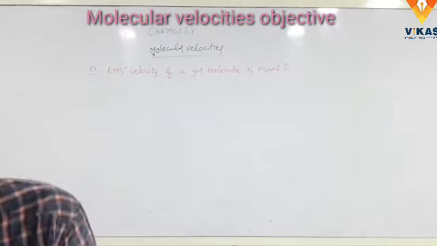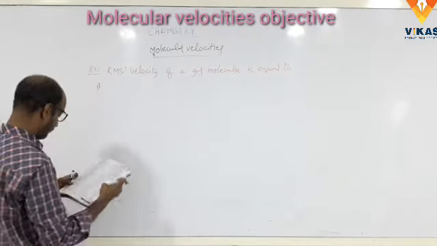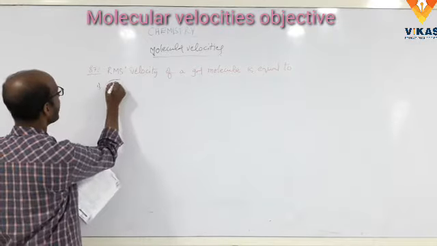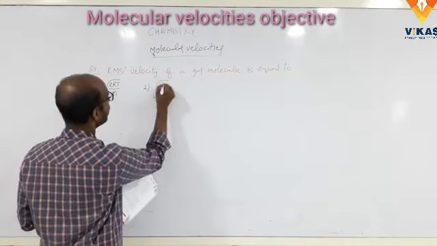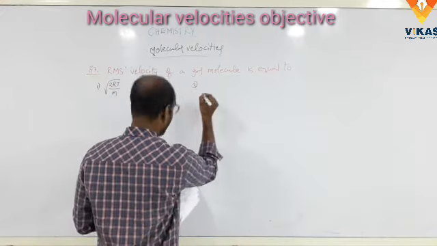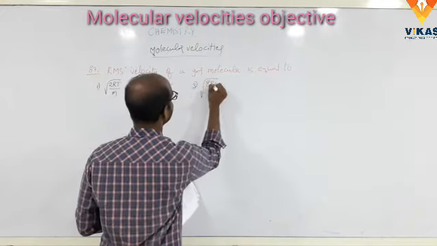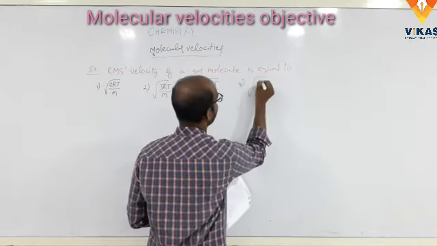Four options are given. Option 1, under square root of 2RT by m. Number 2, under square root of 3RT by m. Third, under square root of 8RT by pi m. And fourth, under square root of RT by m.